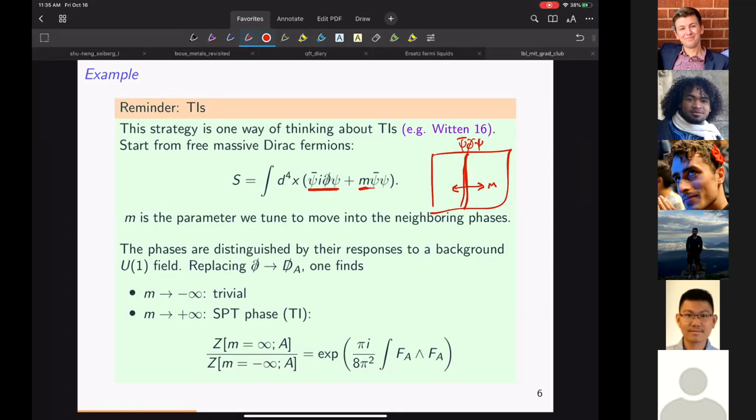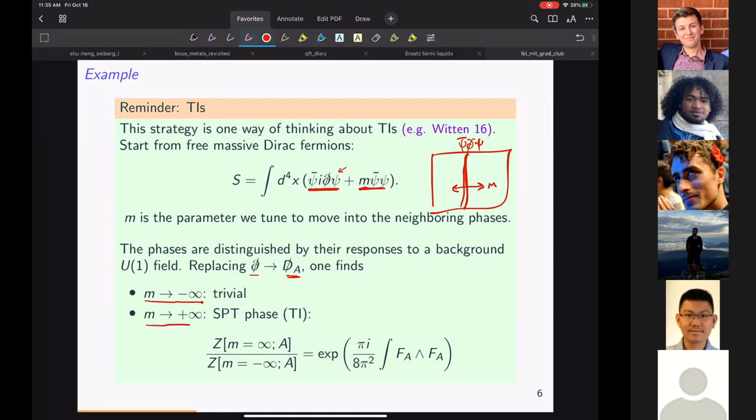What happens is that if you couple this theory to a background gauge field for the particle number symmetry for psi, so you replace this derivative with a covariant derivative, then the phase where m is very negative is just trivial. I just have infinitely massive Dirac fermions, and the IR is completely trivial.